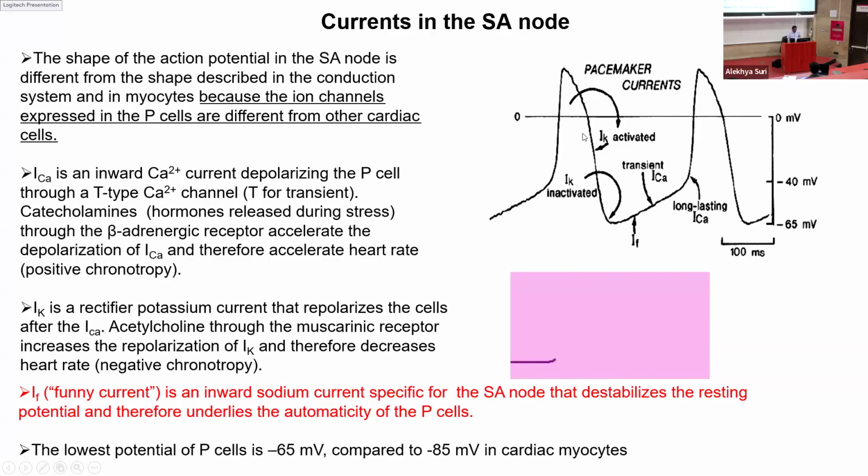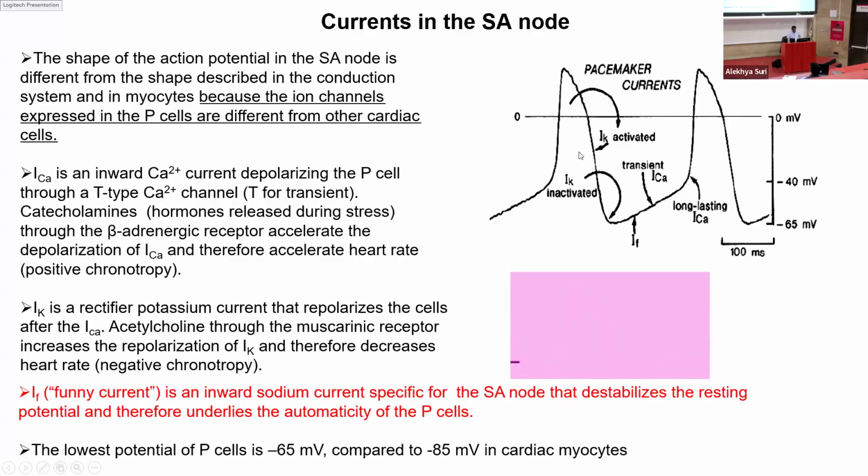In the pacemaker cells, the invert calcium current, or T-type calcium current, is the one which depolarizes these cells. Unlike the sodium channels in working myocytes, here the T-type calcium channel will depolarize the resting membrane potential.